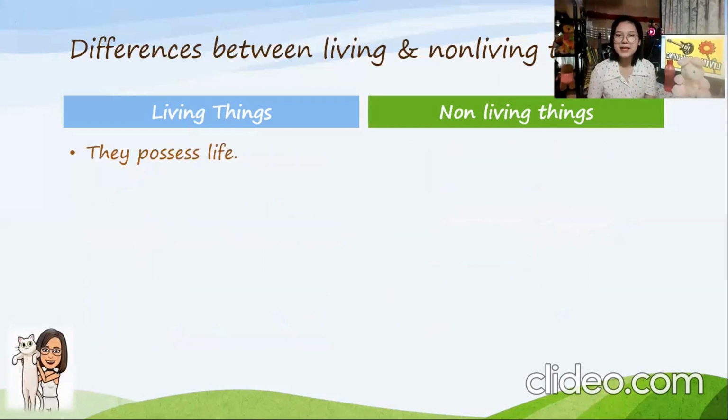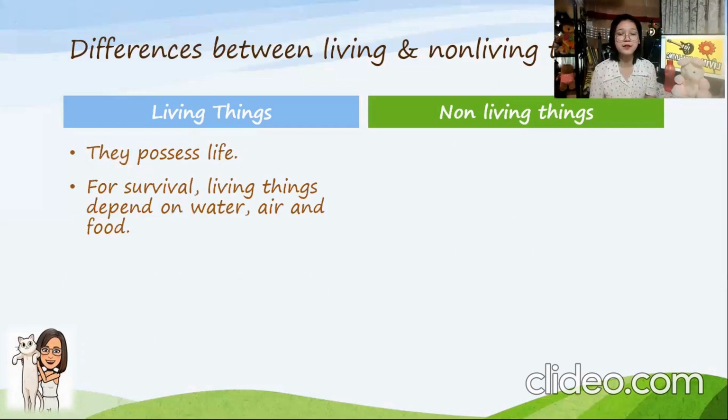Living things possess life. Well, when you possess life, you're alive, just like us, humans, animals. We possess life. That's why we are here, we're alive, we're taking good care of ourselves. We're moving because we're alive.